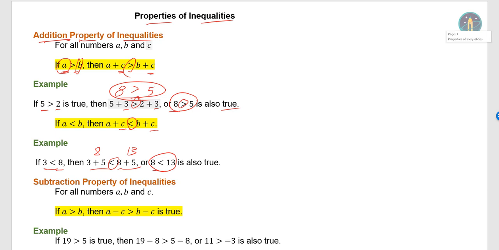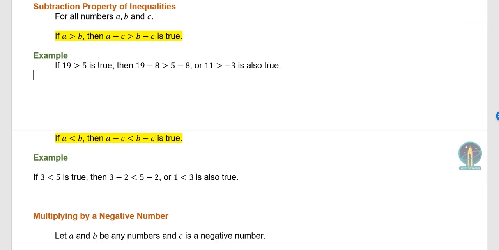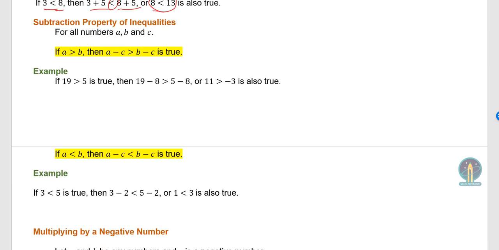The second property of inequalities is the subtraction property, okay? And this is basically similar to the addition property, but here we subtract the same value from both sides. So if you have A greater than B, then A minus some constant C is still going to be greater than B minus that same constant C. Here's an example.